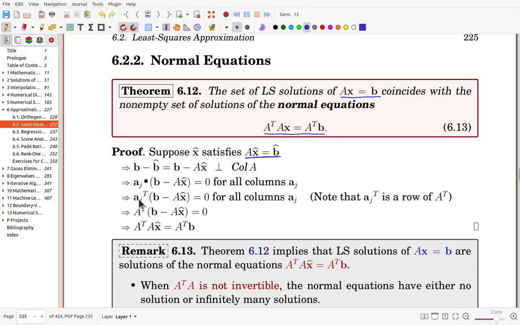Then aj transpose, a collection of these, will be A transpose. So it is 0, and that is the same as this one. The other direction is also the same. So eventually a least squares solution of Ax = b is a solution of the normal equations.